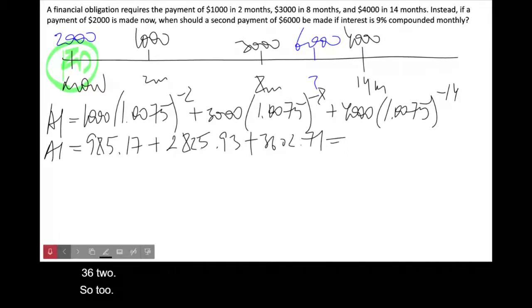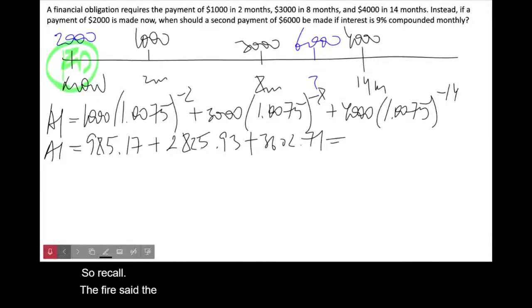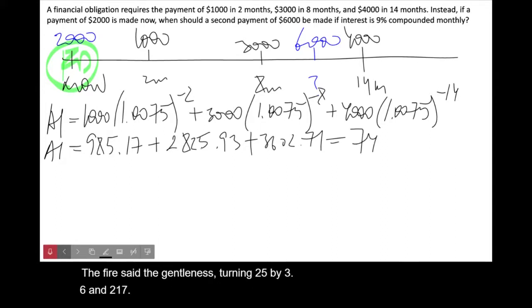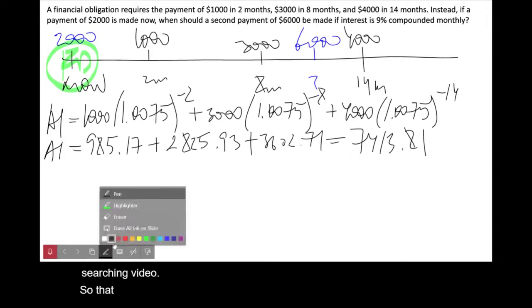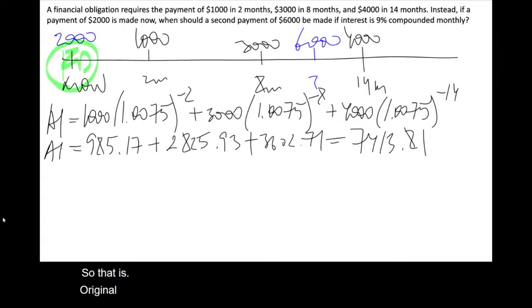So recall 985.17 plus 2825.93 plus 3602.71 gives 7413.81. So that is the original agreement.